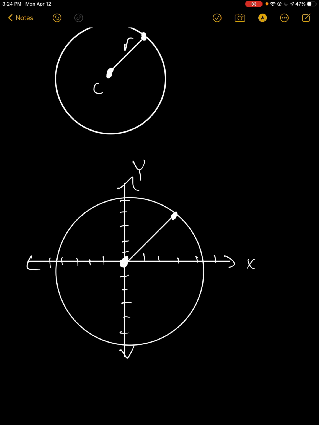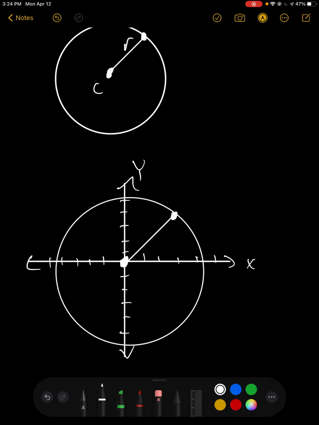What we know about the radius is that we are going x units over and y units up. So we can call this point right here (x, y).